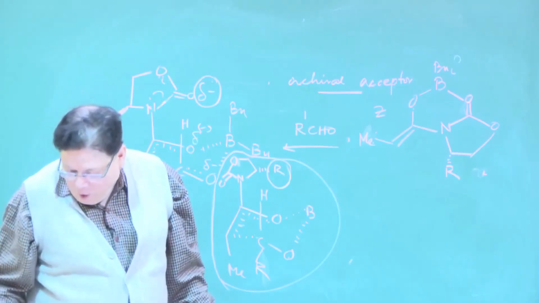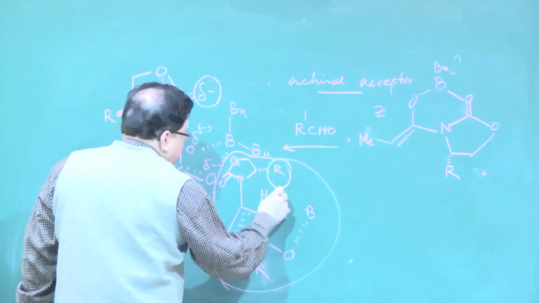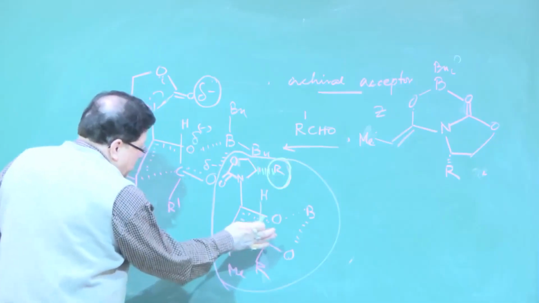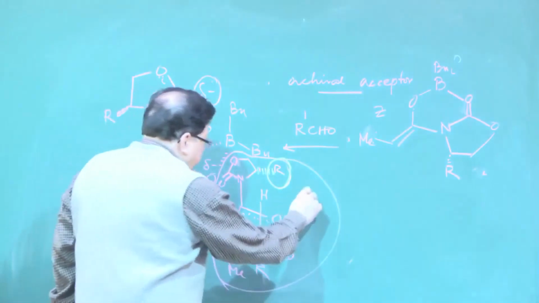Now, the way it has been drawn is perfect. This R group is alpha. So, this approach shown here is the favored approach.